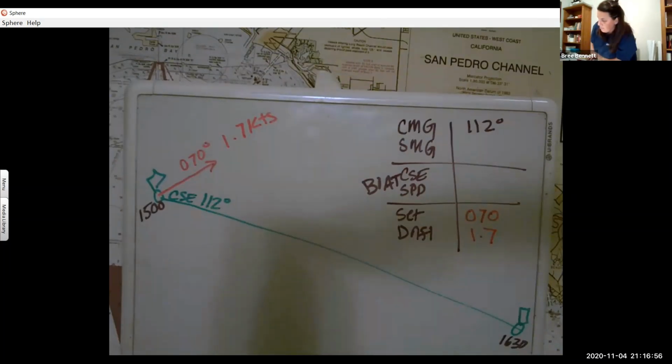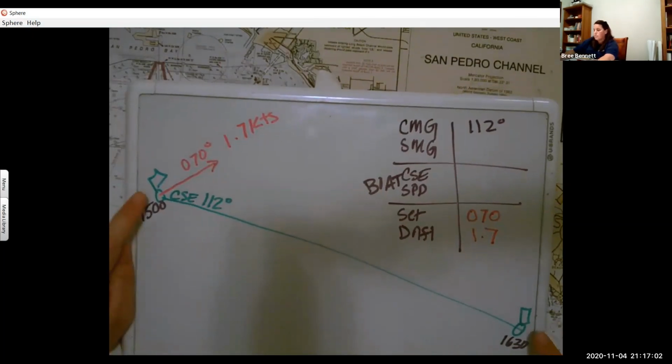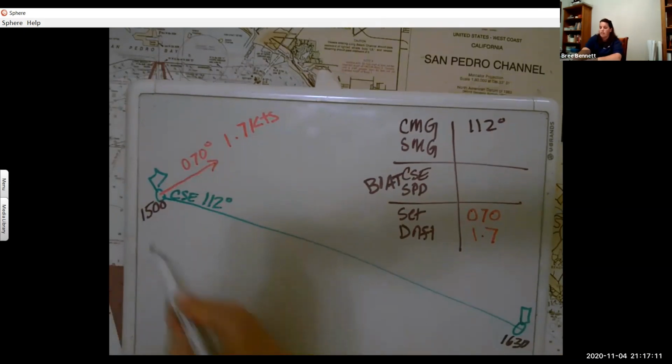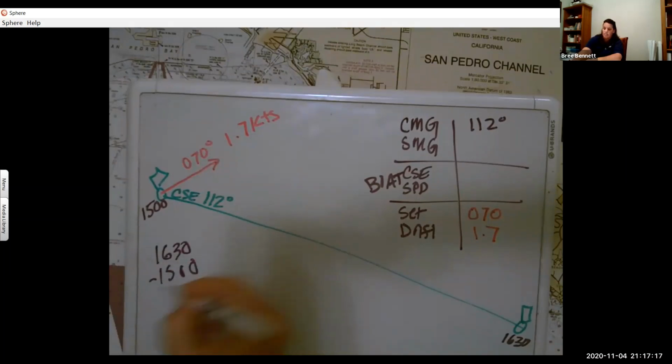So my first step in this is going to be figuring out what my speed made good. What speed made good do I need to make? So in order to do this, I get my time difference, 1630 minus 1500, 130, so that gives me 90 minutes.